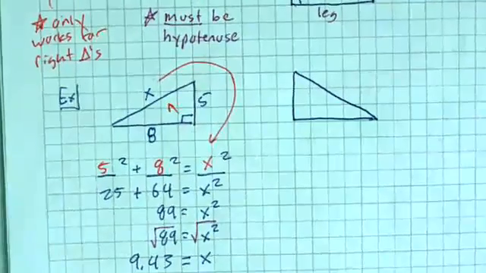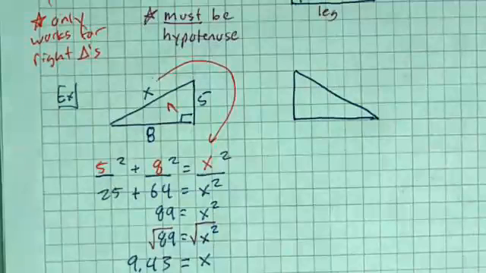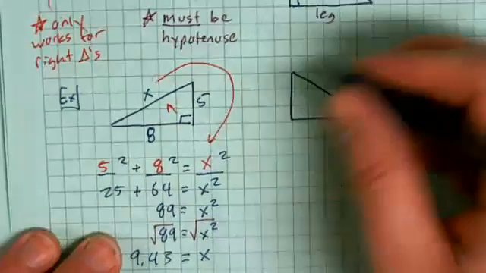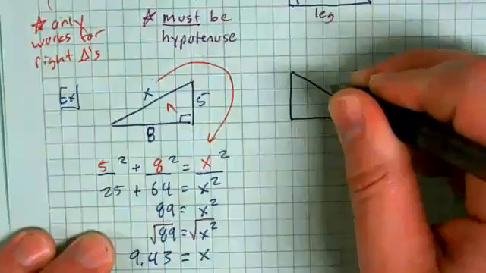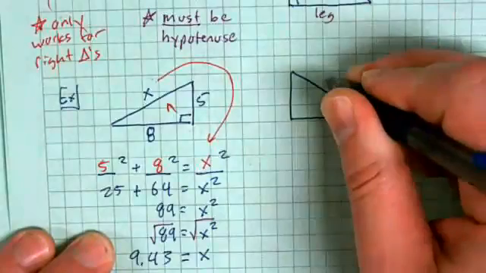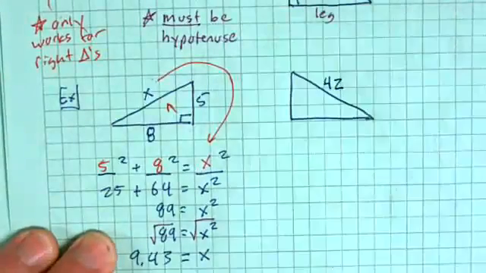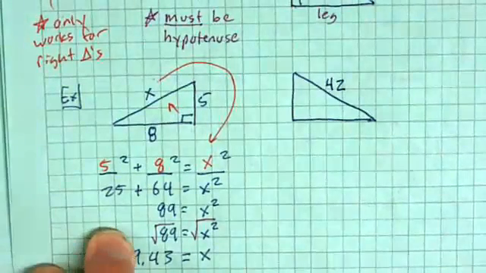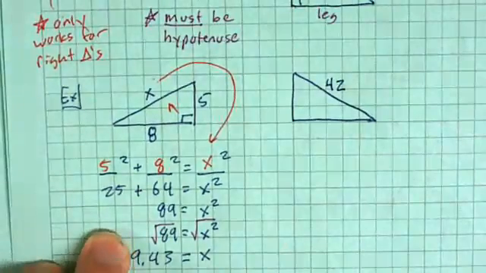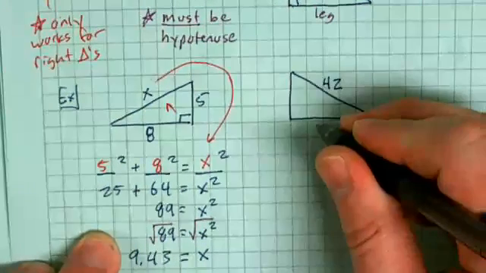Standard generic looking right triangle. And let's go some big numbers this time. 42. Why not? That one's 42. This is 31.